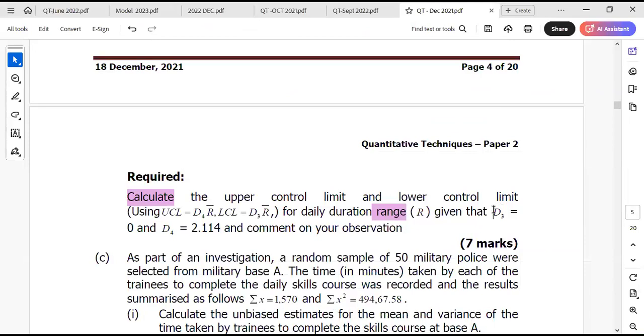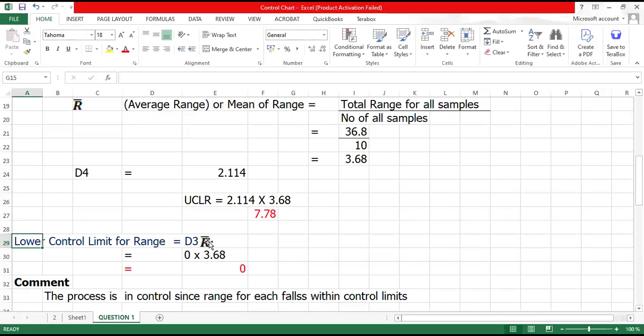Examiner said that D3 is equal to 0. So where you have D3, you put 0. Average range, you already have from here. So you get 0 times 3.68, which is 0. So the lower control limit is 0.